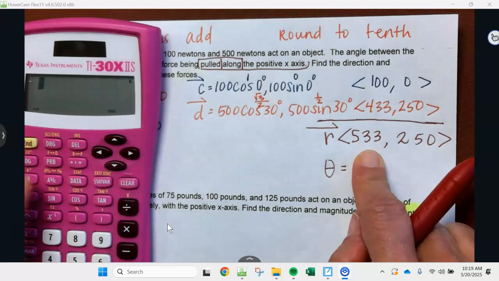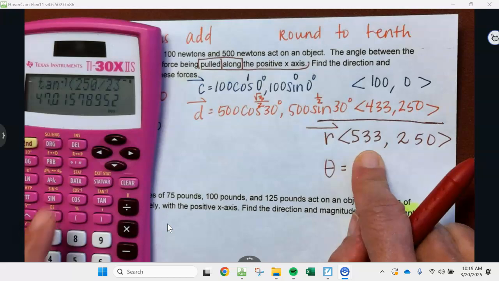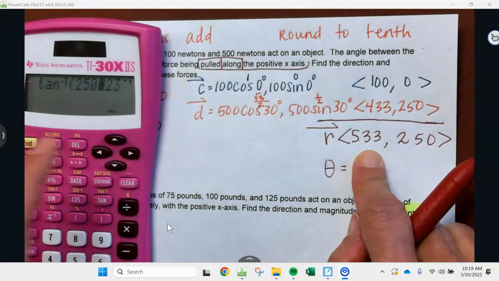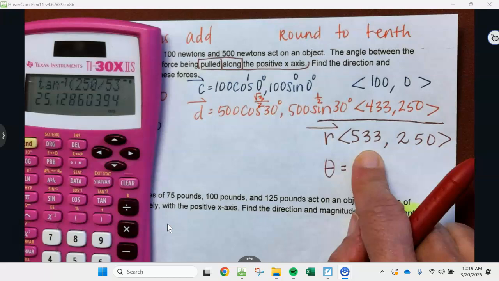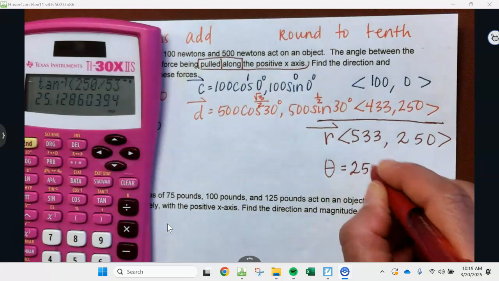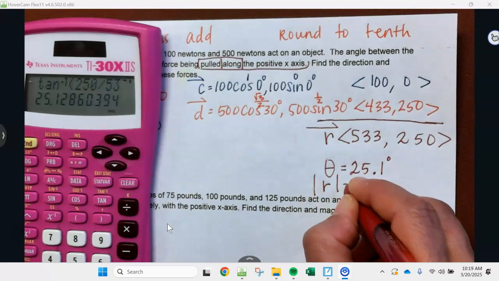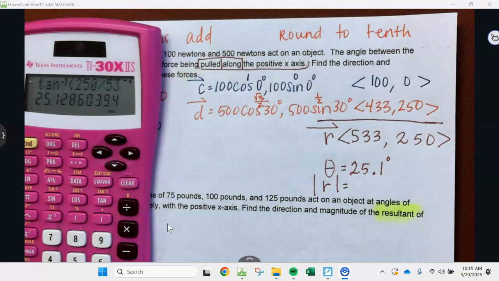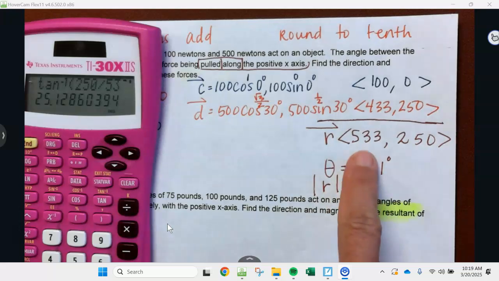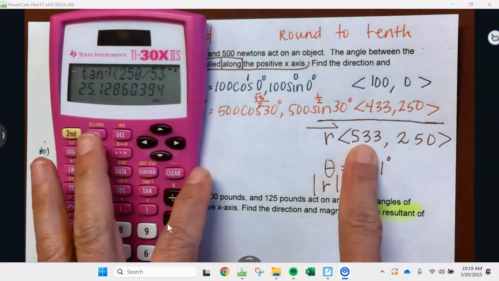Second tangent. And don't forget we are rounding to the nearest tenth. So 25.1 degrees. And then we're going to find the force, the magnitude. So here's where you need to make sure you're good on the calculator. Remember, it's 533 squared. I'm not trying to put that all under one square root.